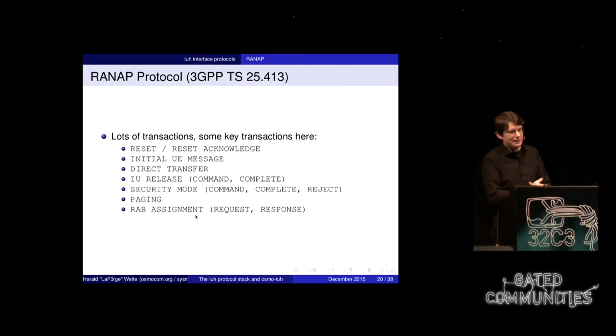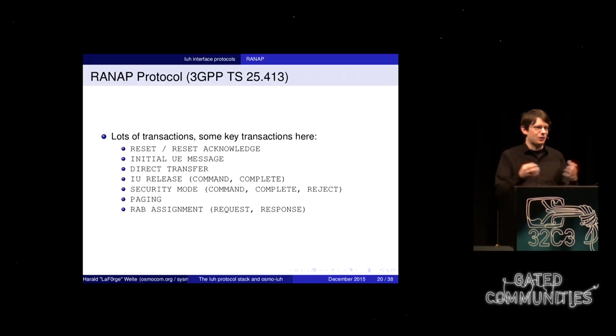RAB is the radio access bearer, which is basically an abstract notion of a bearer able to transport communication. If you come from classic telephony, the bearer was an analog voice channel. If you go to ISDN, the bearer is a 64 kilobit synchronous channel where you have A-law or U-law inside and voice data, or you have some HDLC or X.75 or whatever data inside.